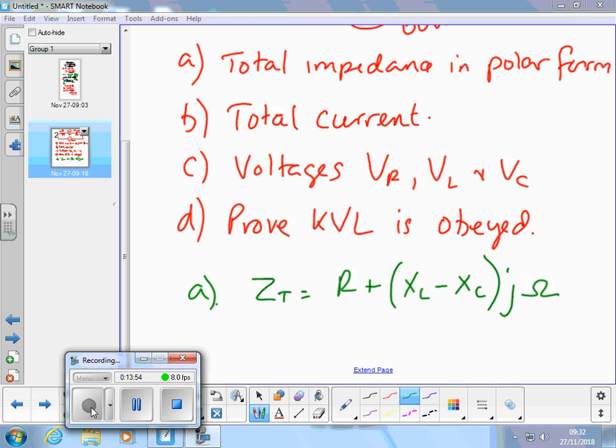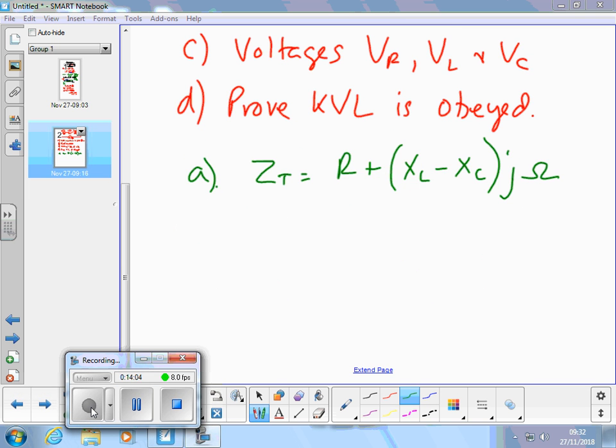I always maintain the more times you write the formula out, the more likely you are to commit it to memory when you need it. So do that, and then we put the numbers in, which were 5 plus 10 minus 15j ohms, and then convert that to polar.